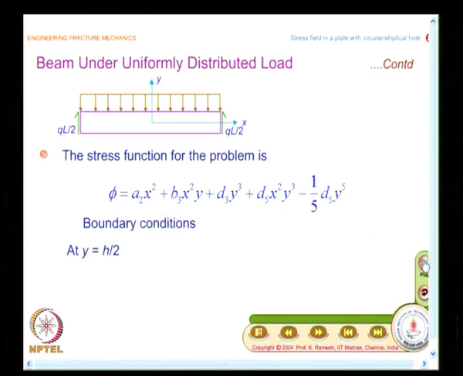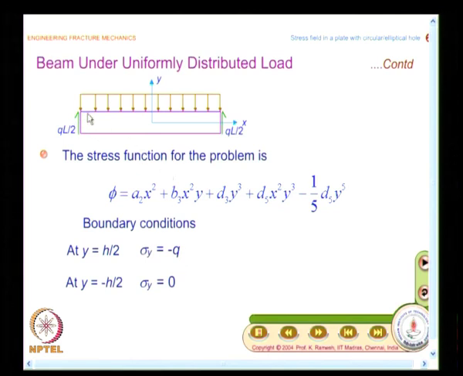And what are the boundary conditions? The origin is taken as the center of the beam, so you have plus h by 2 and minus h by 2. At h by 2, you have the distributed load, and we are considering a unit thickness. So, sigma y itself becomes minus q.